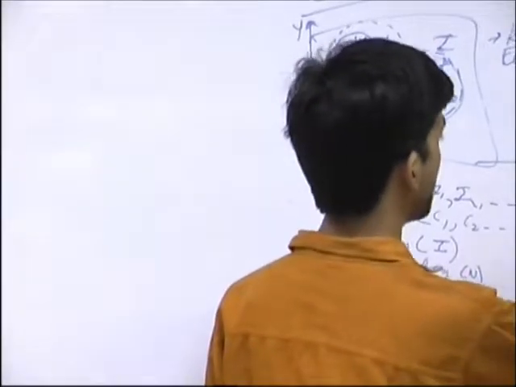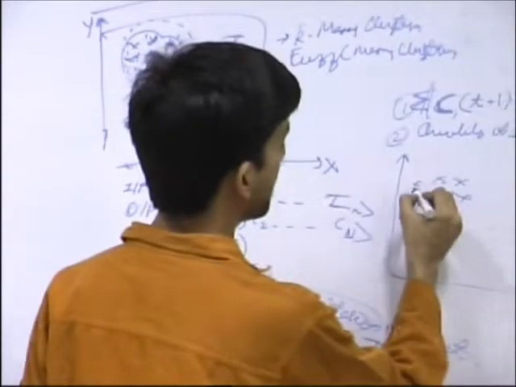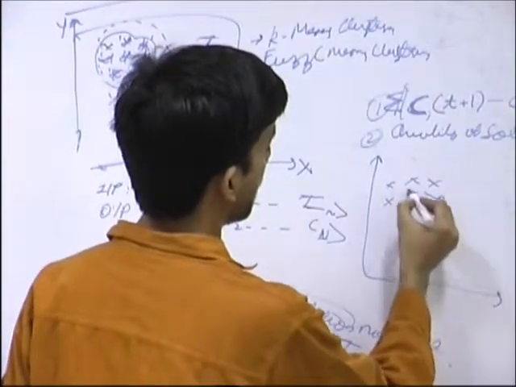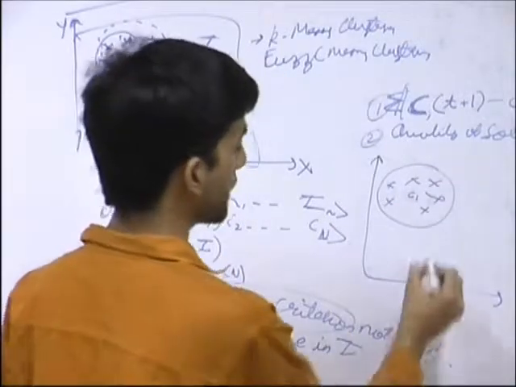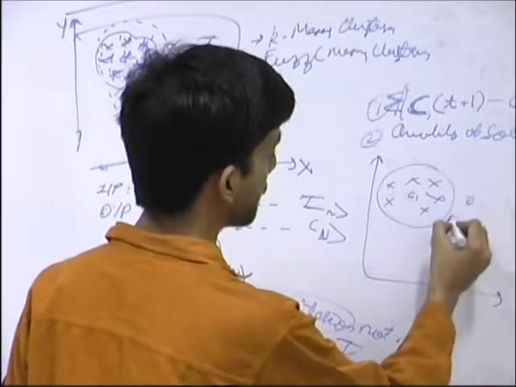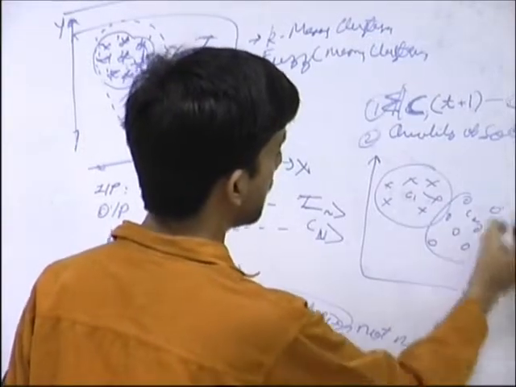So I'll draw a neater diagram. I say these were the cluster centers. These are the ones that after final execution of the algorithm belong to C1, and these are the ones that after final execution of the algorithm belong to C2.